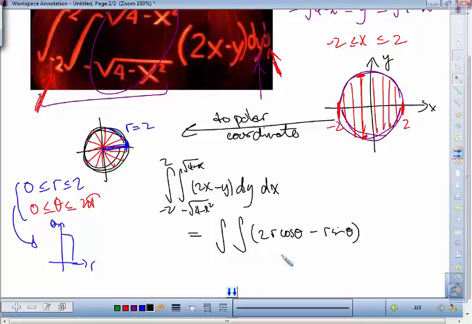Now remember the transformation, we talked about that last time with the Jacobian transformation. We came out with an extra r, so don't forget your extra r that comes out. And then you have dr, and then this is where you get to put the limits in. The r limits go from 0 to 2, and then after you get your result, you're going to integrate this with respect to theta, and the theta goes from 0 to 2 pi.